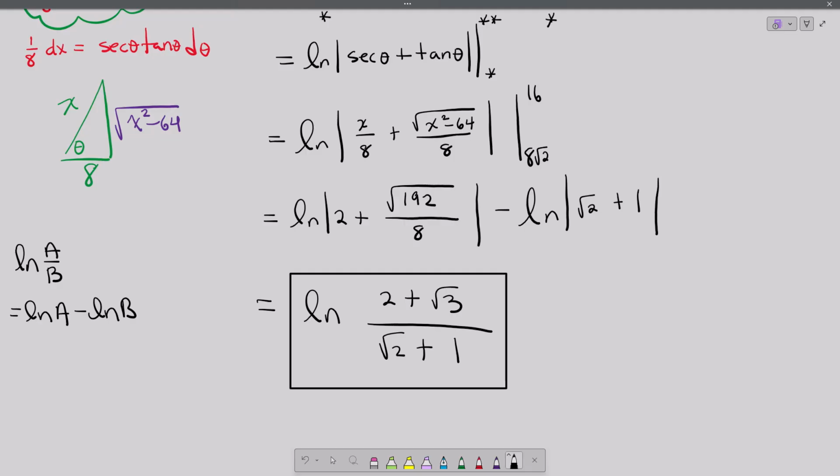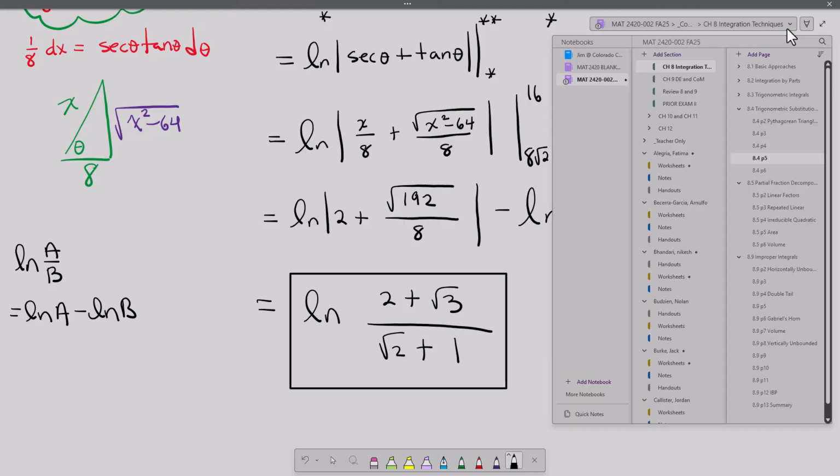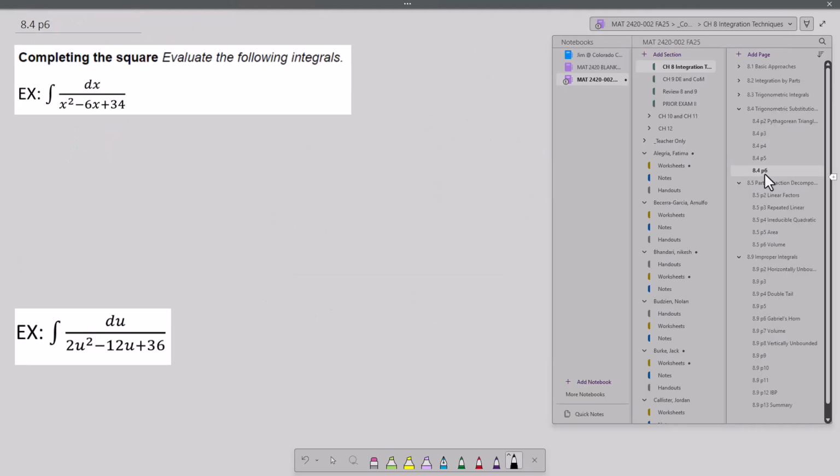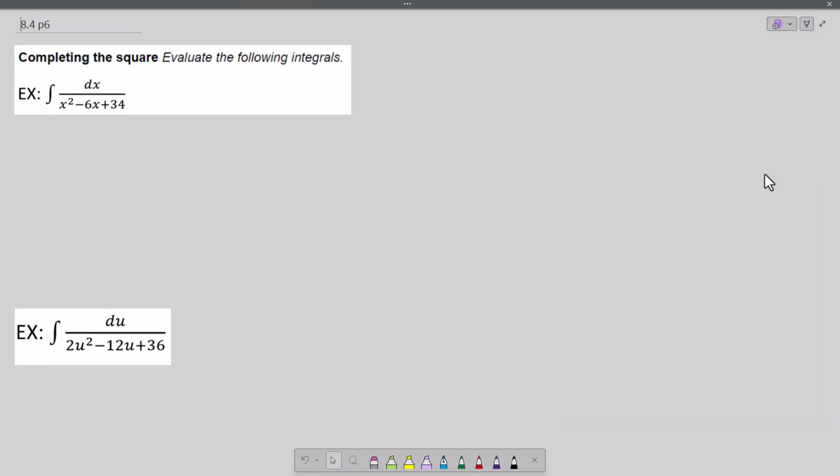Okay, so trigonometric substitution. You are going to need to do a lot of practice on this because it is very tedious. So here we have an integral, and we see a denominator that can't be factored. So when we have a quadratic that can't be factored in the denominator, we use completing the square.